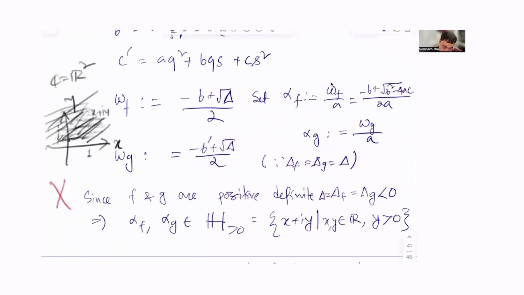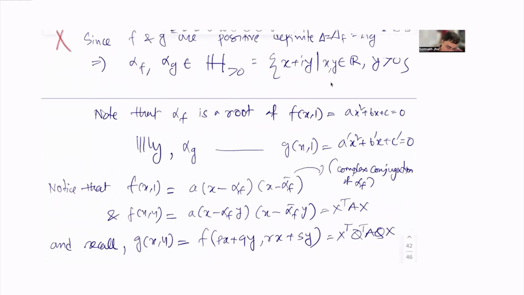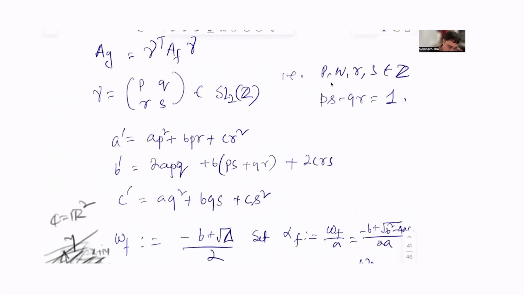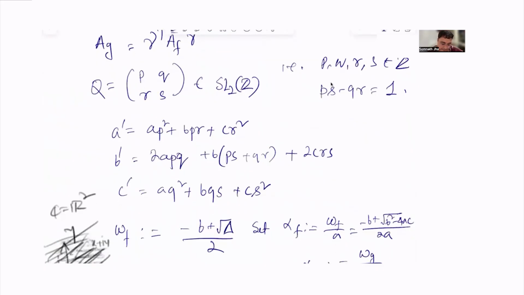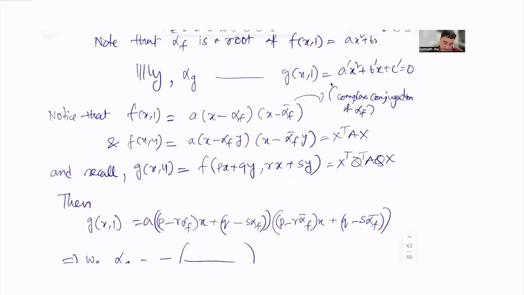I had denoted it by gamma, but I will just call it Q. So this was gxy: it is simply f of px plus qy, rx plus sy, because Q was this matrix pqrs.